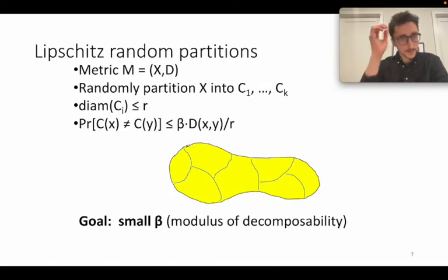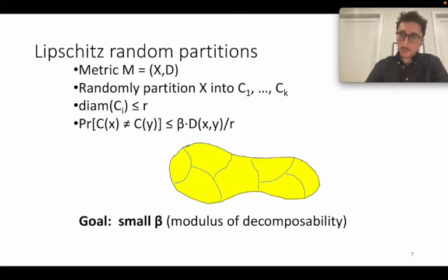Now, what is this object, the random partition? Let me briefly define this. Suppose that you have a metric space. We want to obtain a random partition of the set of points into clusters so that the following two conditions hold. First of all, the diameter of each cluster is upper bounded by some input parameter r. We need to be able to do this for all r.